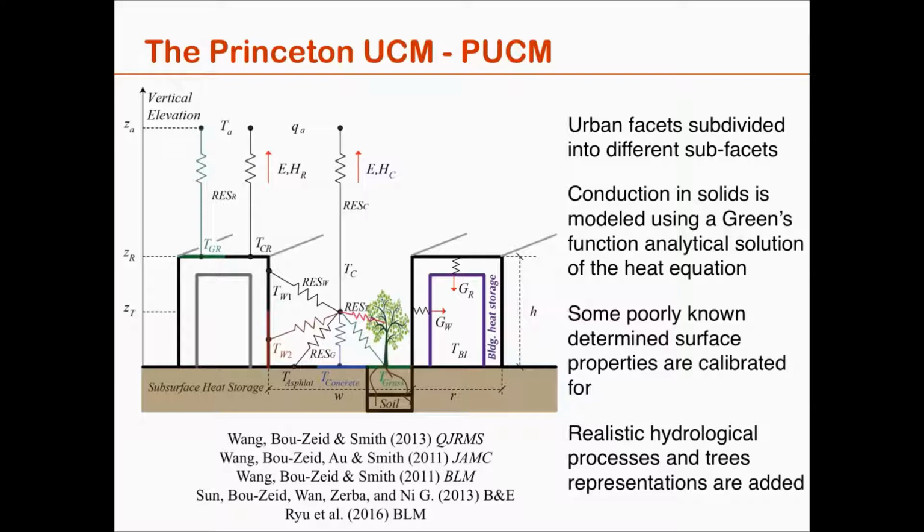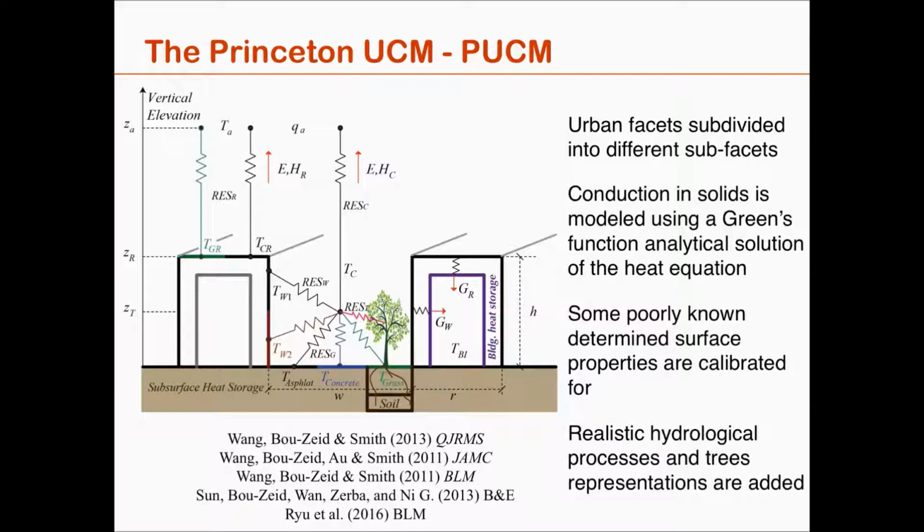Now, you can think of this as a parameterization of everything from a couple of meters below the surface to, let's say, a little bit above the building height. So we're trying to represent everything that happens across this urban canopy layer.